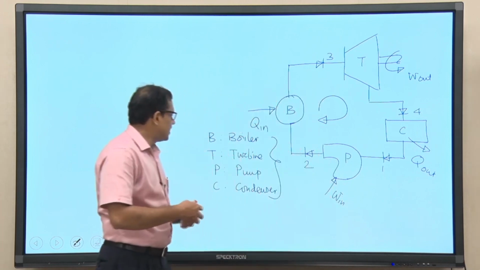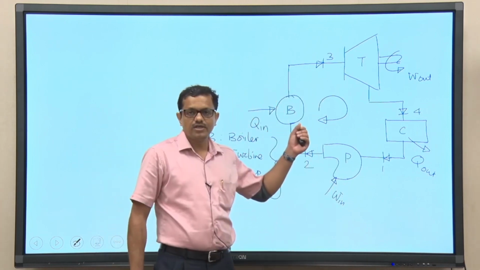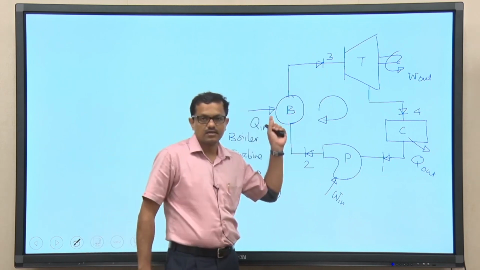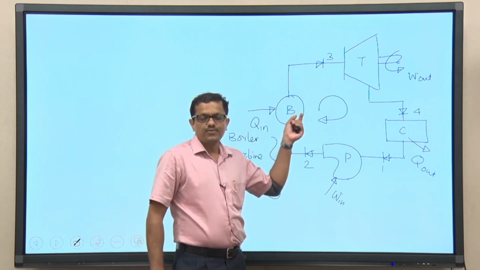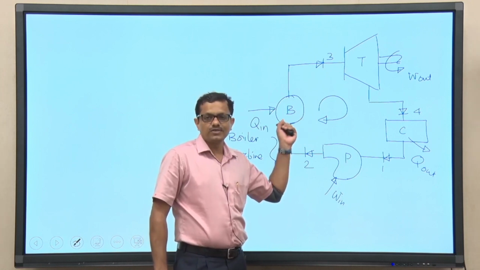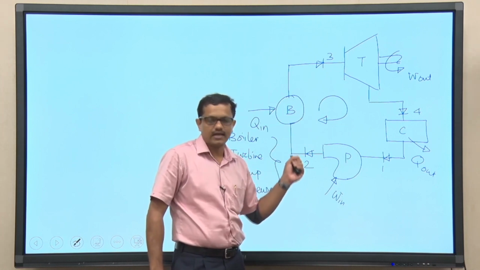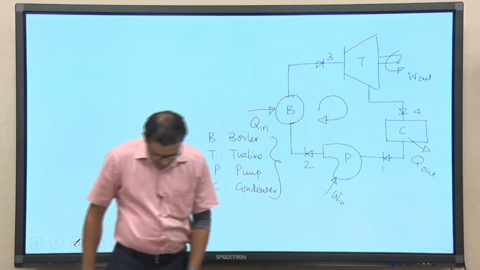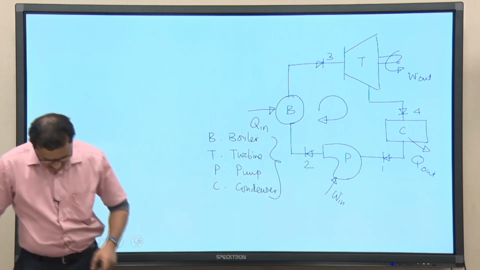So, to obtain the performance of the plant, we need to analyze all the processes, and to do that, we need to map all these processes in a thermodynamic coordinate diagram. So, that is what we have seen.